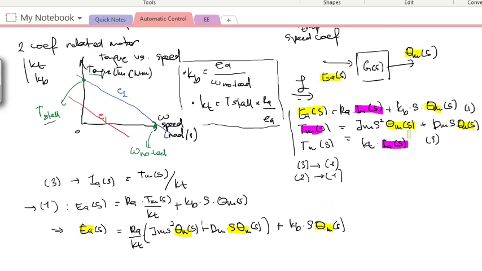So we can now isolate theta m and write our transfer function.